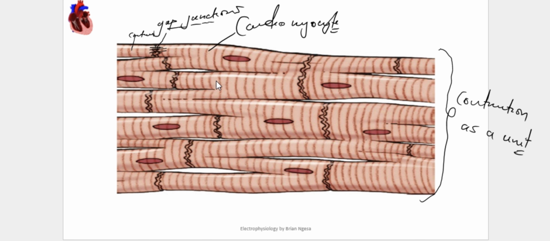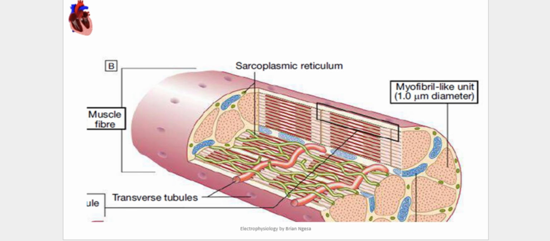So if you are to expand one of these myocytes, this is what you will be expected to have. This is actually one of the myocytes that has been expanded. So you can look at intracellularly what you can expect.